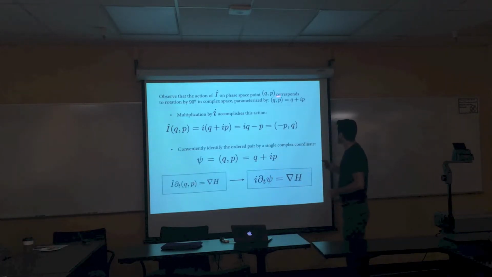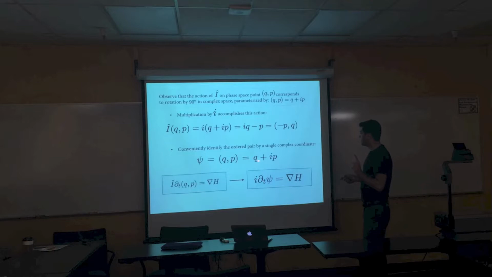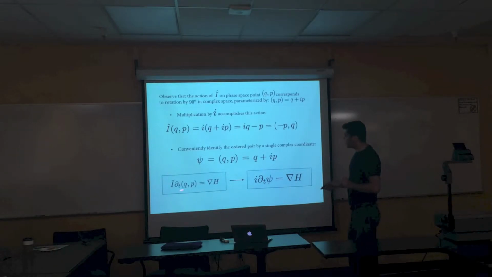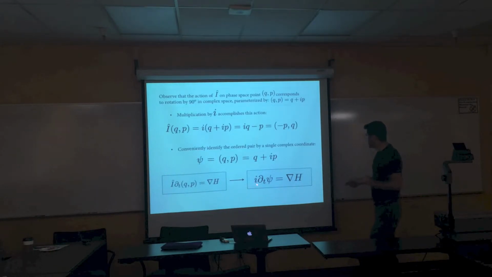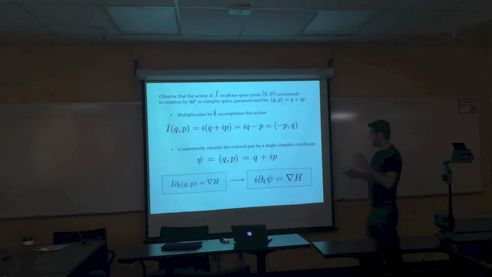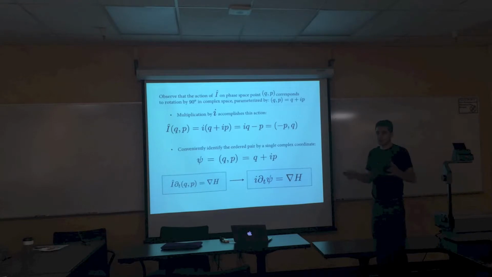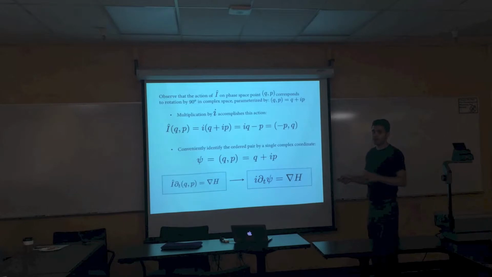Right? So we can identify qp with a single complex coordinate psi, which equals q plus ip, and then the equation that we got on the previous page becomes i d by dt of psi equals the phase space gradient of h. So I want to say right now that I have done nothing external to classical mechanics, and this is just another way to rewrite Hamilton's equations, dH/dq equals p dot, dH/dp equals q dot, and so on.